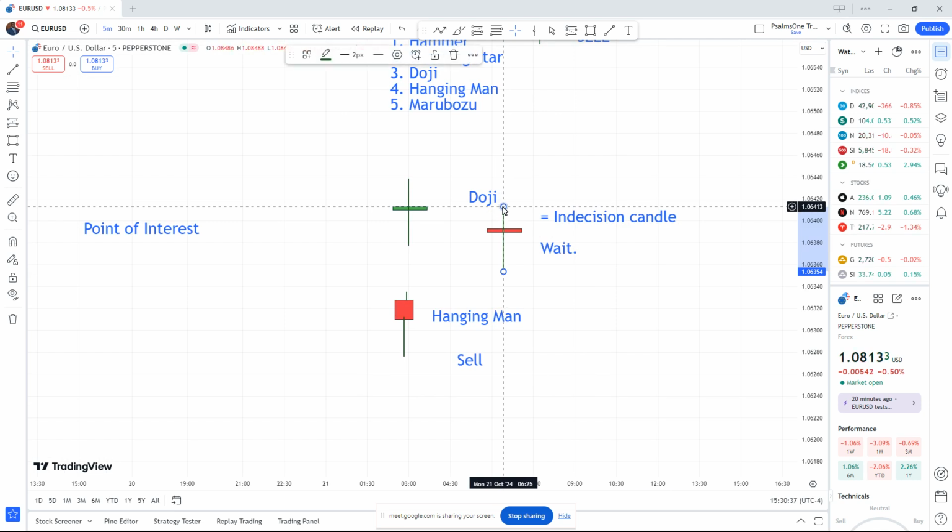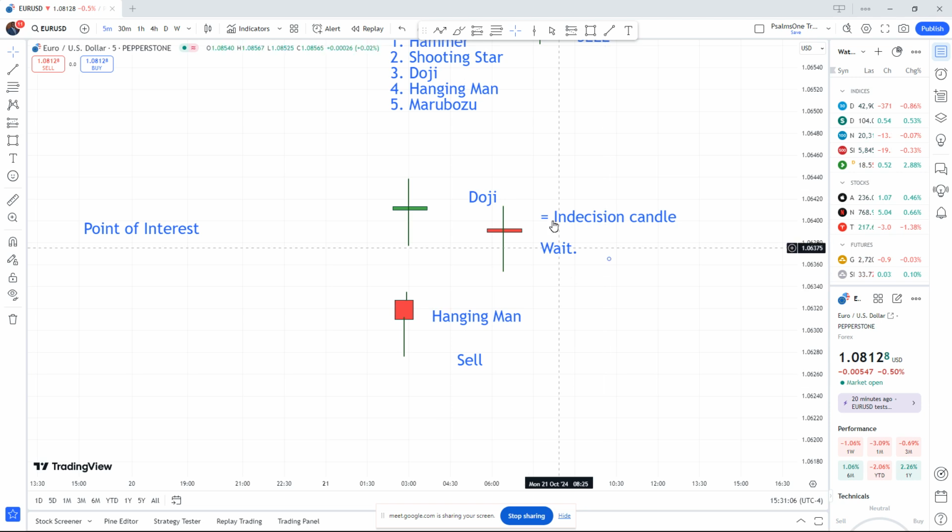So now, what can this hanging man mean? Just like if you are a lover of football, even before a candle turns to a hammer, at this level when it was coming down here, the color would have changed to red.